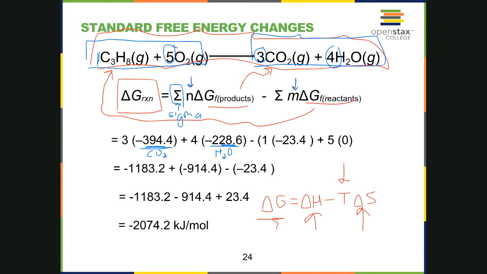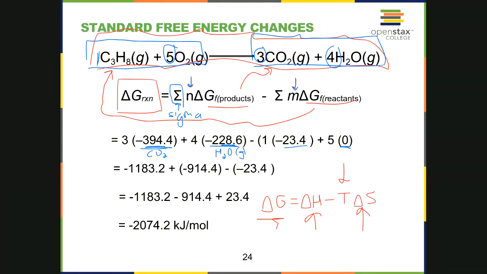In this case, it's gas, because it'll be different if it's liquid or if it's solid. And then over here, the 23.4, that's the propane. I'm not going to try to draw it or spell it. And this last one, the 0, that's for the oxygen. Remember we said that for things that are already in their elemental forms, it's always going to be 0.